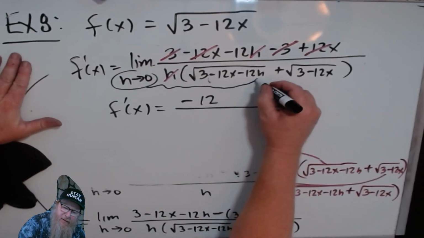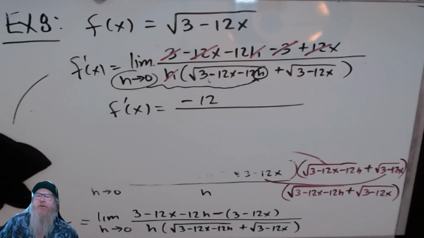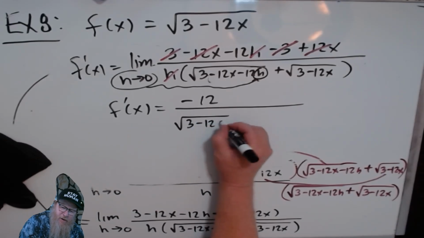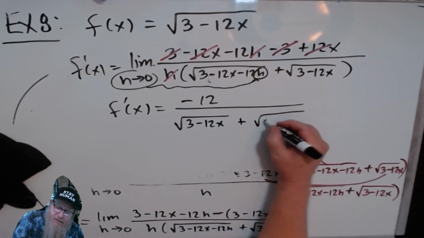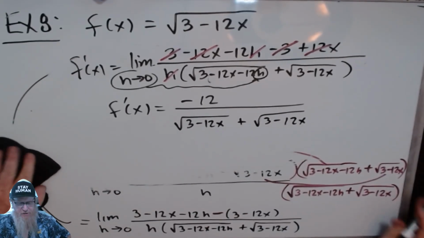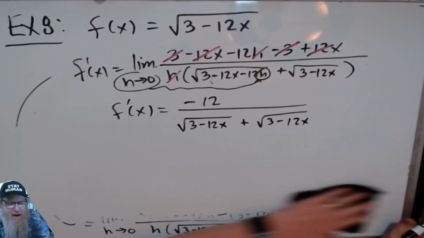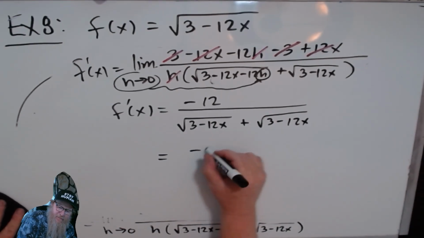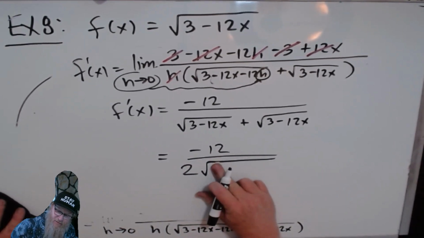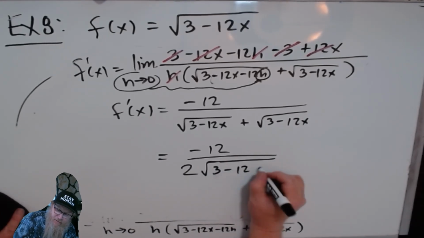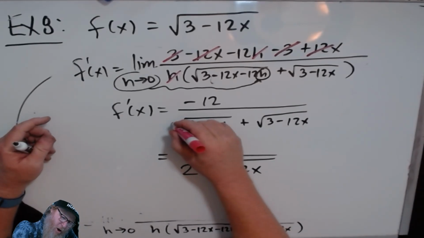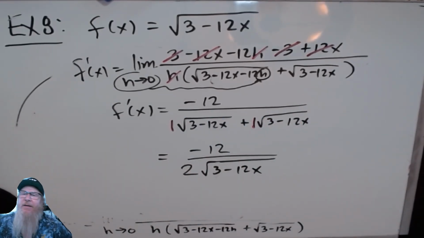When you plug in the limit, the h goes to 0. So you're going to get 3 minus 12x plus 3 minus 12x. Those are going to match. You get a matching pair, so that's going to give you a big 2. It's like you have an invisible 1 and another invisible 1.